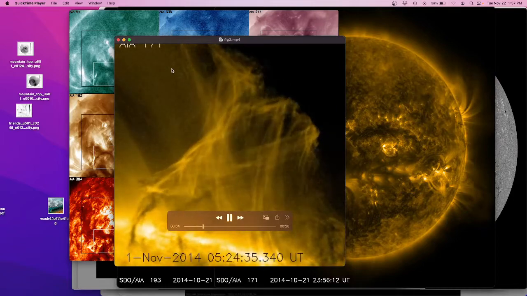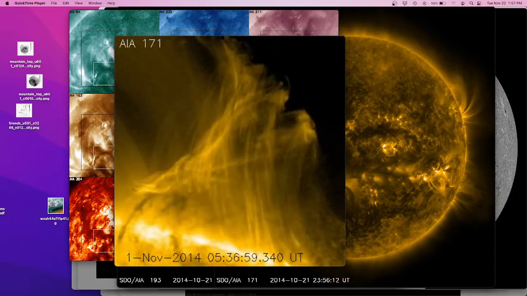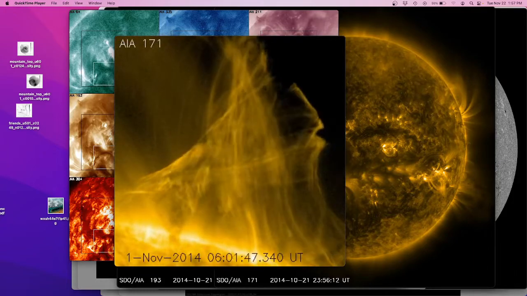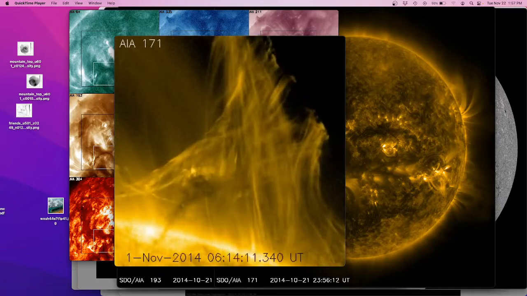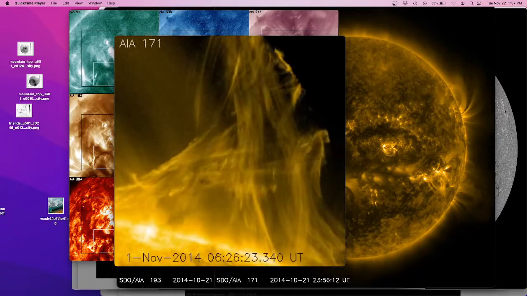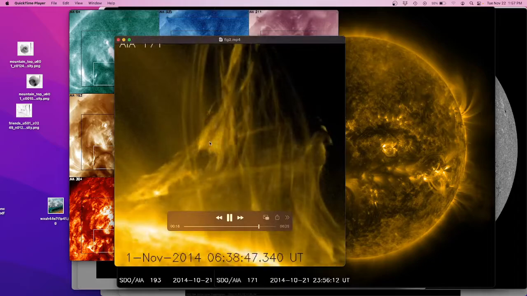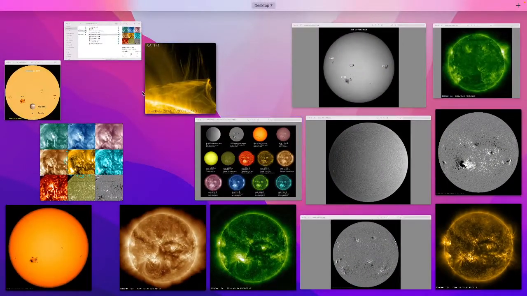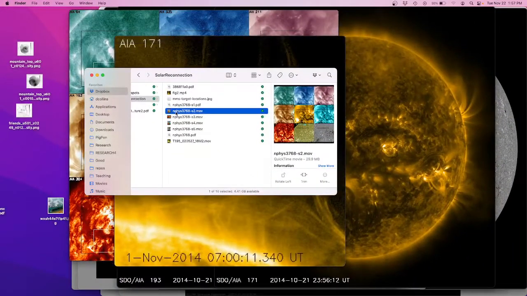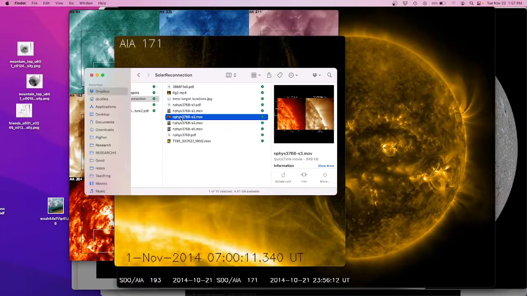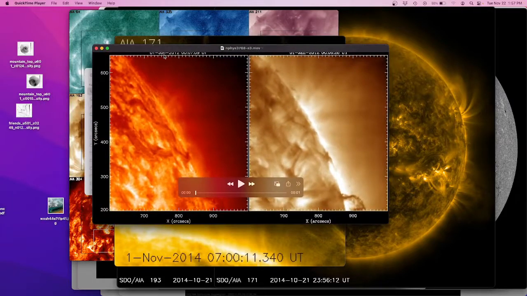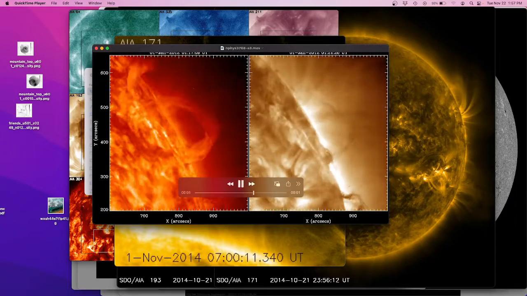Let's see, I think this one is the same time scale, but it's slowed down a lot. So this is the same region that is doing its reconnecting. So the reconnection is happening down over there, and then this is the magnetic field line responding to that reconnection. And this is a different telescope looking at the same event.